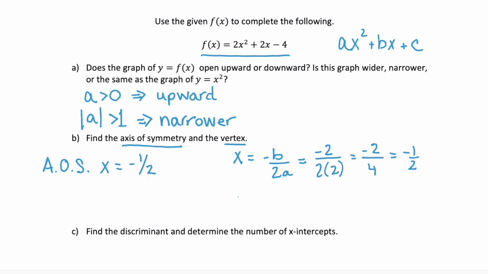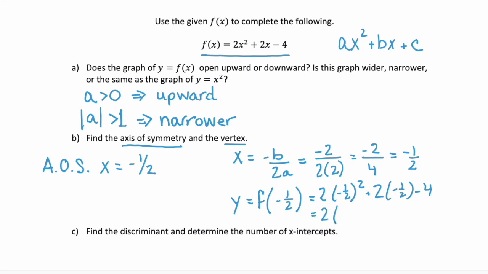Now we need the rest of the vertex, the y-coordinate. And y is found by substituting in the x value, which is negative 1/2, into our given equation. So we have 2 times negative 1/2 squared plus 2 times negative 1/2 minus 4.